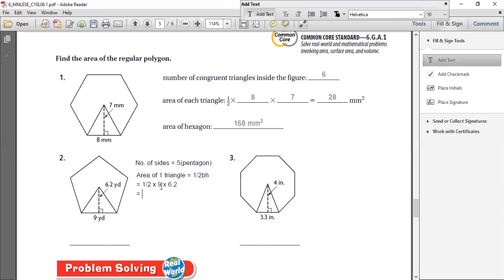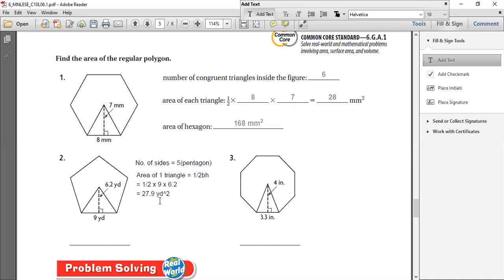For me, half of 9 is 4.5. So 4.5 multiplied by 6.2 will give me 27.9. And that's going to be square yards because the question is given in yards. So the area of one triangle is going to be 27.9 square yards.